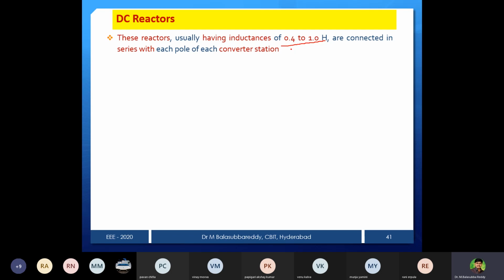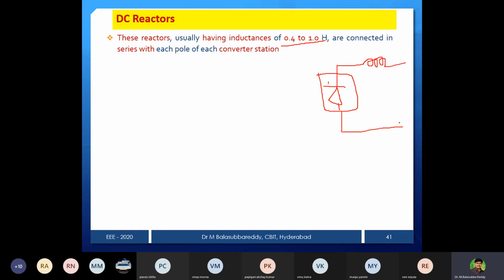Suppose I call this a rectifier, and in this we'll use an inductor like this. So there is a large inductor we'll use.